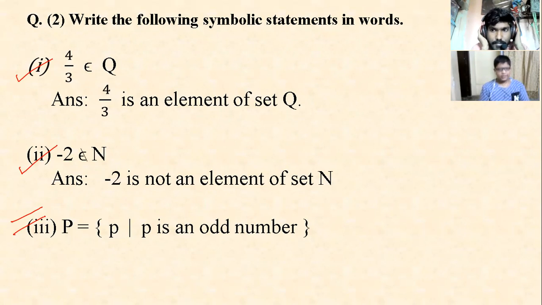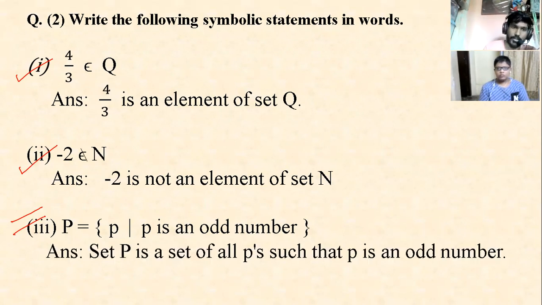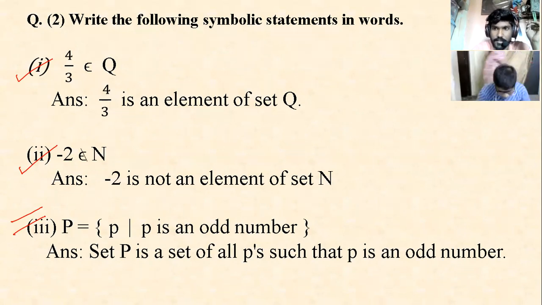A set P is such that P is an odd number. Correct. Now convert this into the symbolic word statement. Can you write it down? Because this is from the exercise.